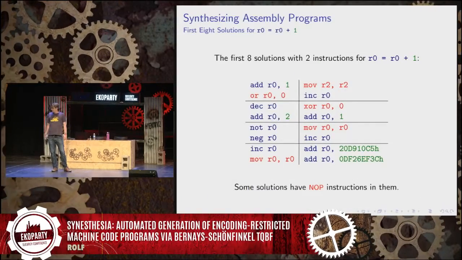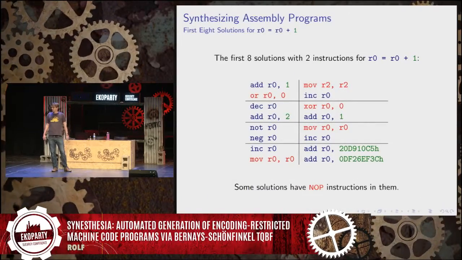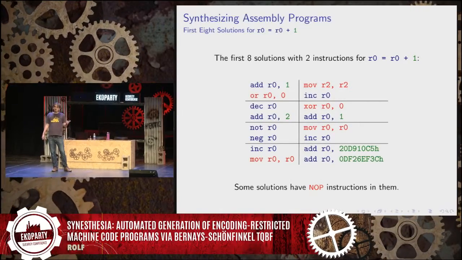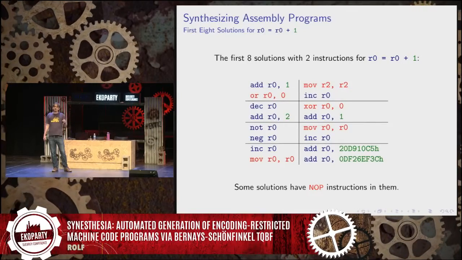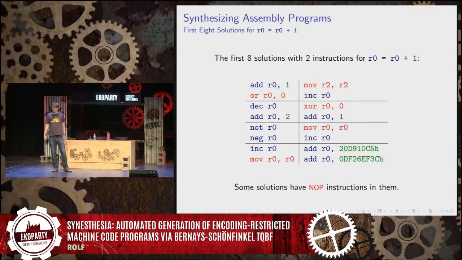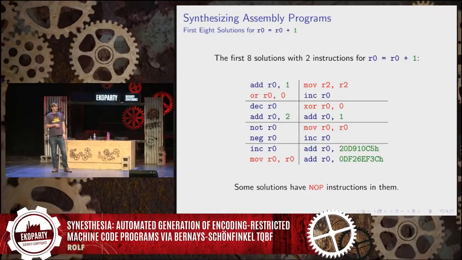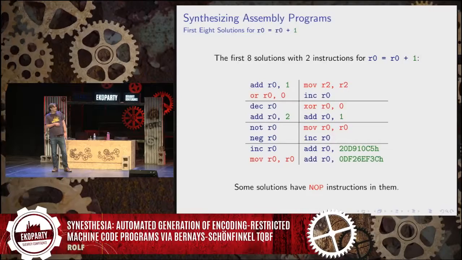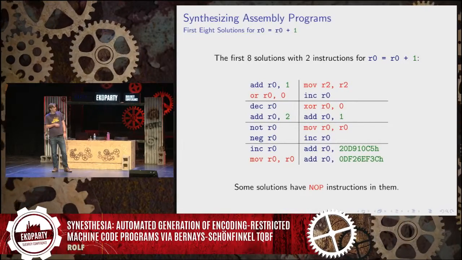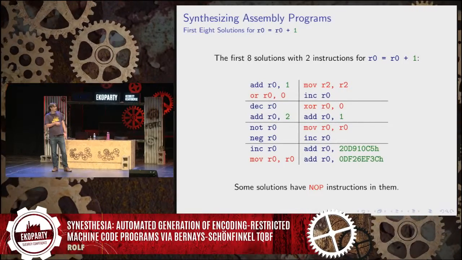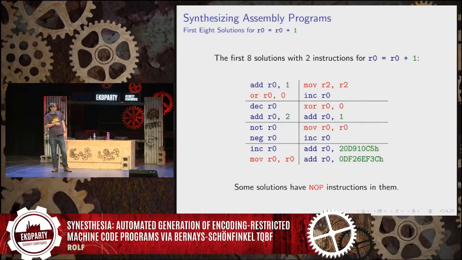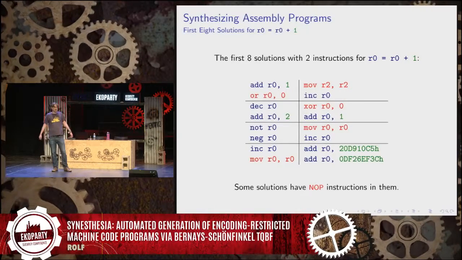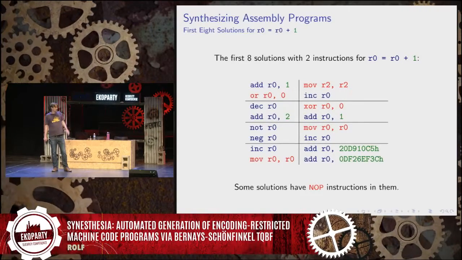So here I've given the first 8 solutions that I generated by this procedure, where I ask for a solution, it gives me one, and then I solve it again by saying, give me something different than what you just gave me. So here are the first 8 solutions for incrementing R0. Most of them are straightforward and just have a literal increment or add 1 in there, and they have these no-op instructions that I've highlighted in red that have to be there because we specified 2 instructions.